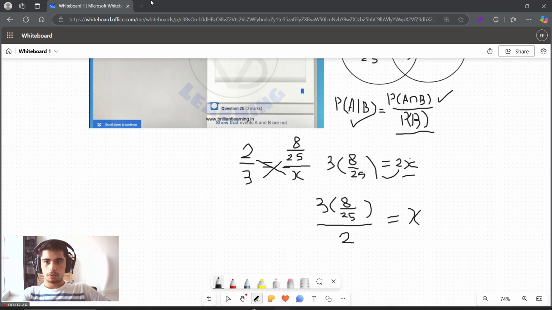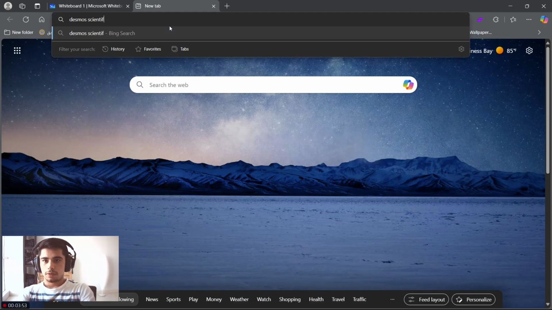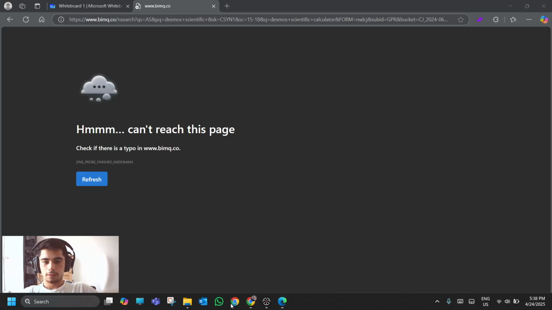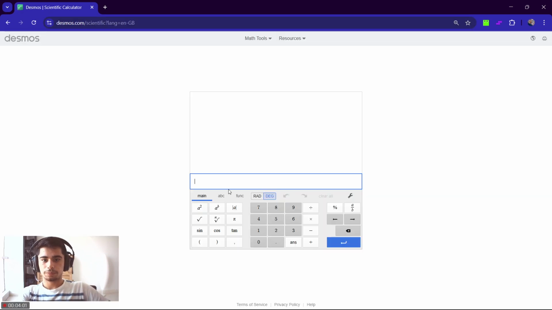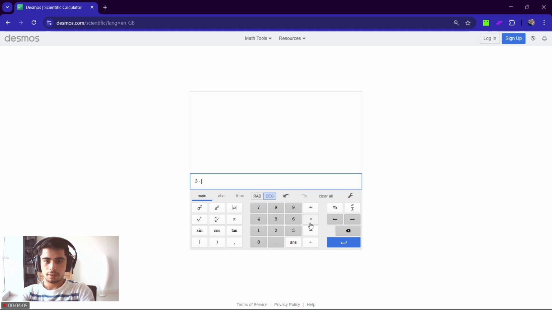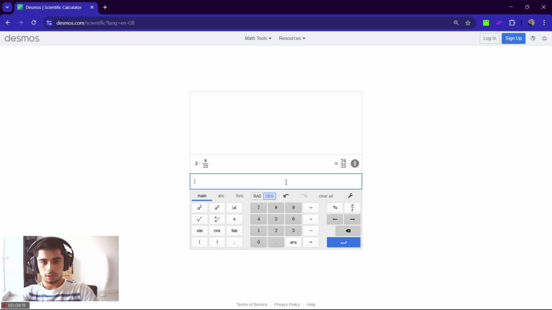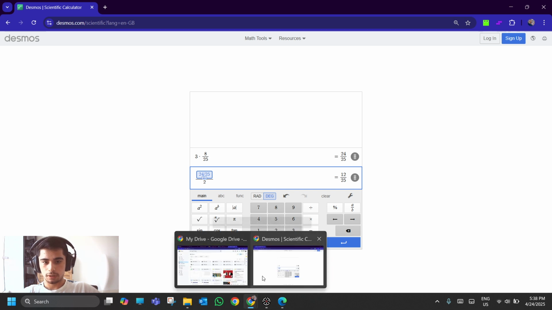Now, what I'm going to do is use the Desmos scientific calculator. I'll say 3 times 8 over 25, which is 24 over 25, and then the answer divided by 2, which becomes 12 over 25.